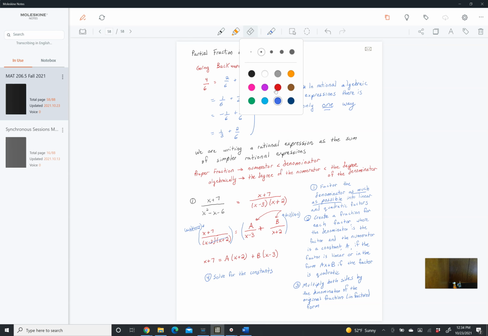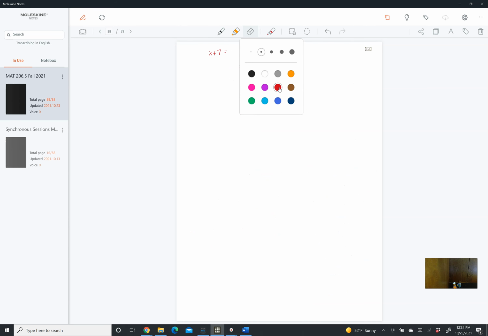We have x plus 7 is equal to a times x plus 2 plus b times x minus 3. Okay, there are two ways to solve for the constants.